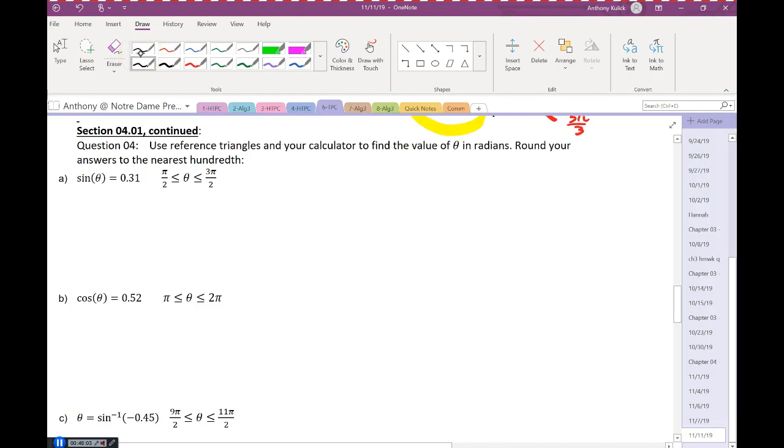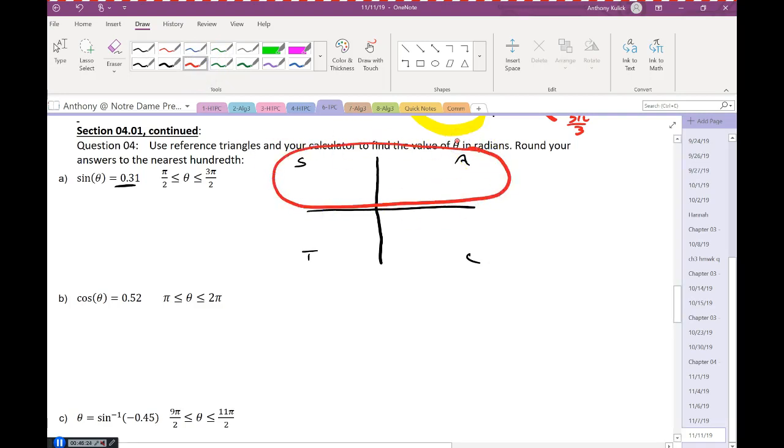Okay. So I'm going to start by doing two things. I'm going to first identify where sine is positive, because that's what we're getting here. So sine is positive in quadrants 1 and 2. And then I'm going to look at where this range is.